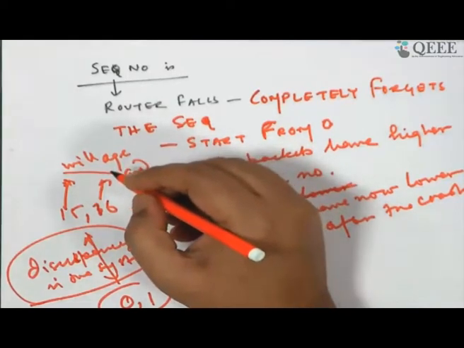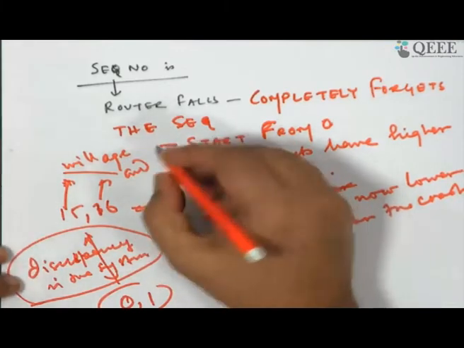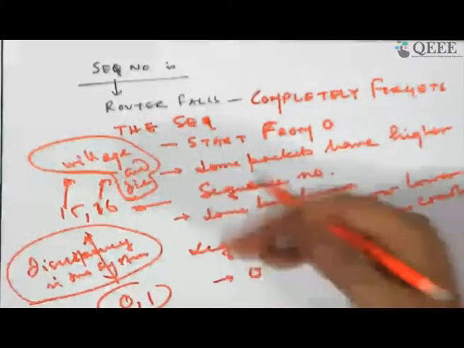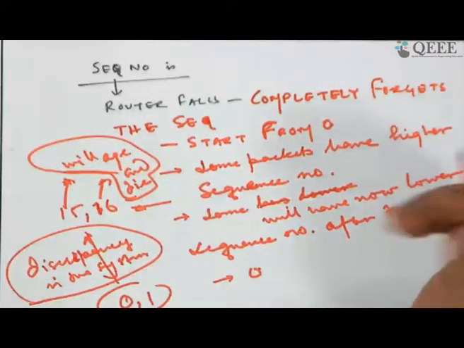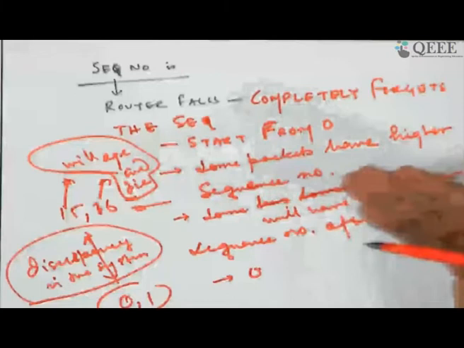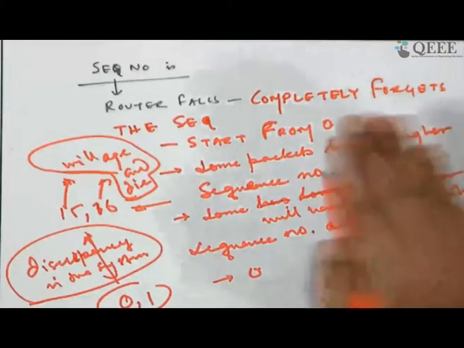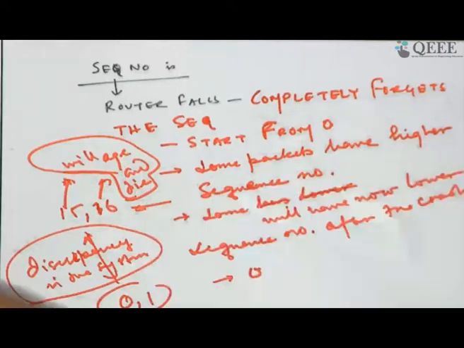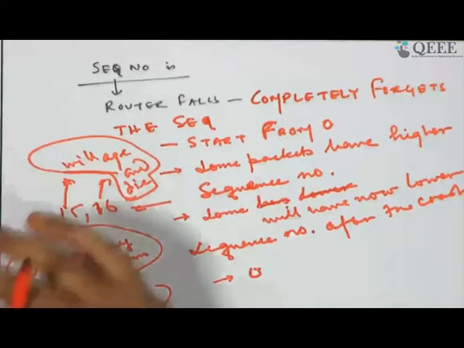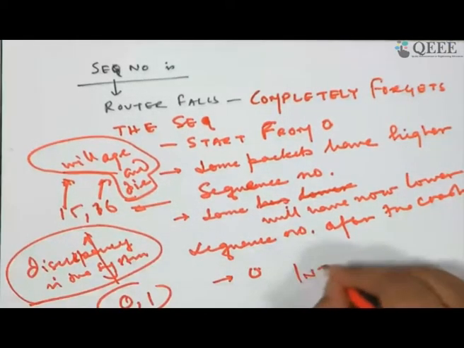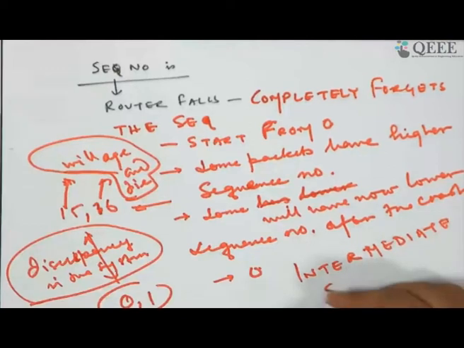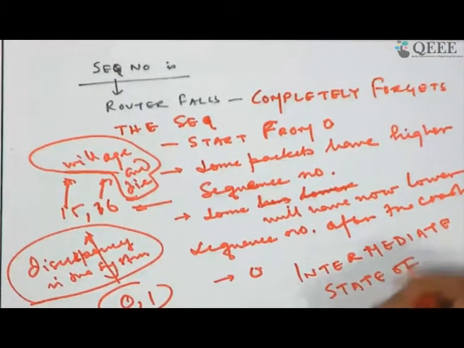Slowly these older packets will age and die, then the entire thing will be refreshed. So the sequence number can get disturbed, but as soon as the older packets die, things will be restored. If there is a crash, there can be an intermediate state of discrepancy.